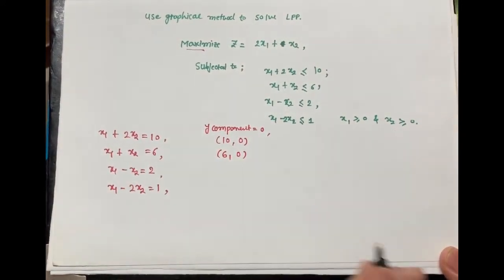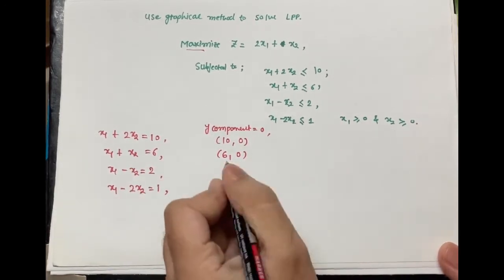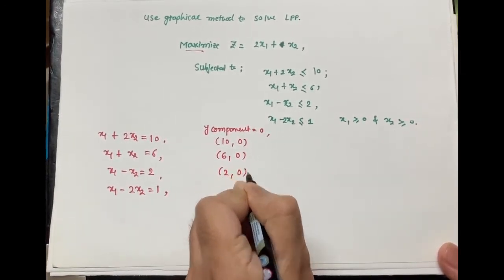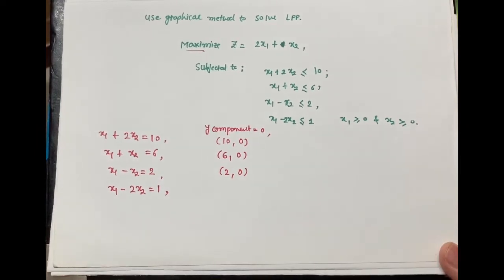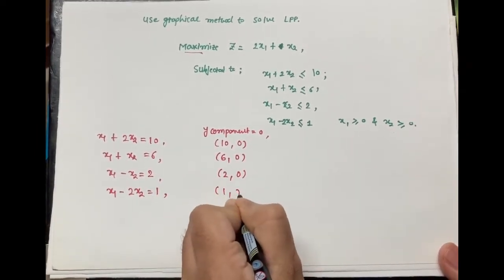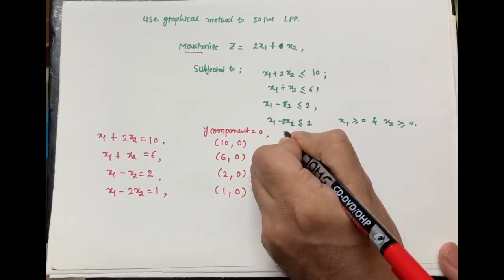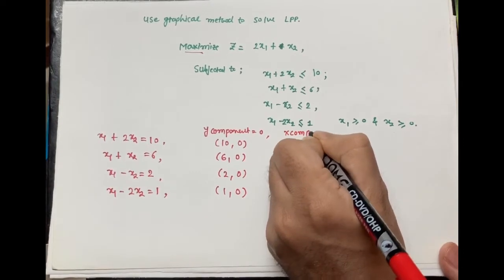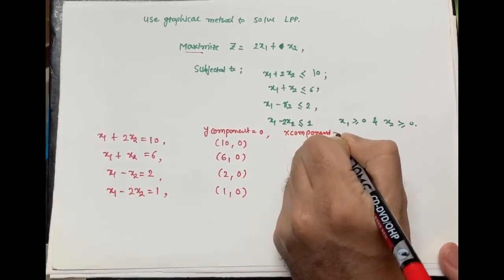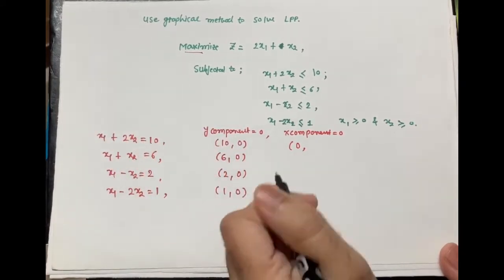Here again if I take x2 as 0, x1 equals 2, so 2, 0. Here again if I take x2 as 0, x1 is 1, so 1, 0. To compute the intersection with the y-axis, I need to take the x component as 0. So if x1 is 0, the value of x2 is 5.